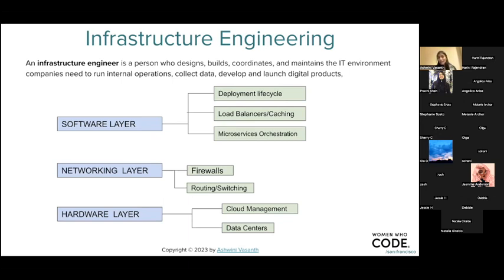The last one that we're talking about on this slide is the hardware layer. Right now, a lot of these systems run on the cloud, whether it's AWS, GCP or Azure, which essentially means that the hardware layer is maintained by these cloud vendors, and the infrastructure engineer just manages the interface to that cloud.